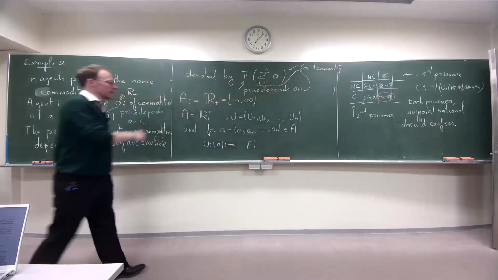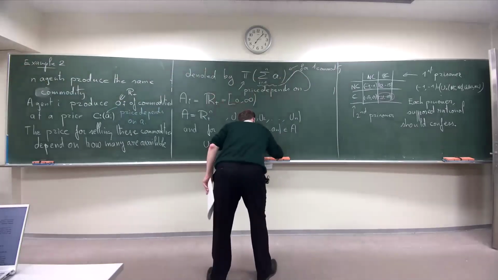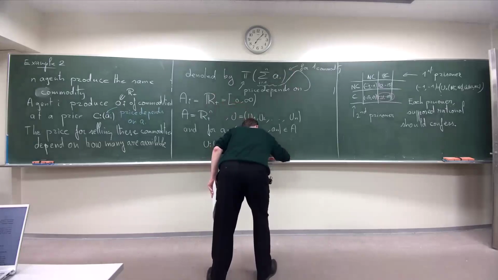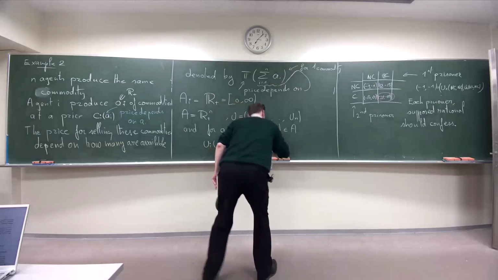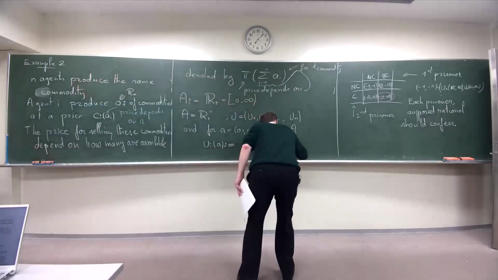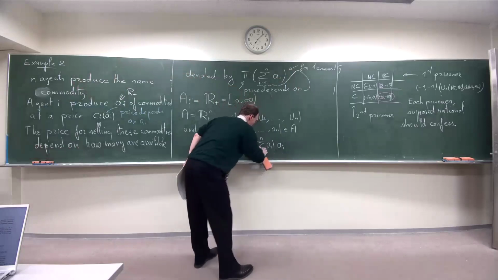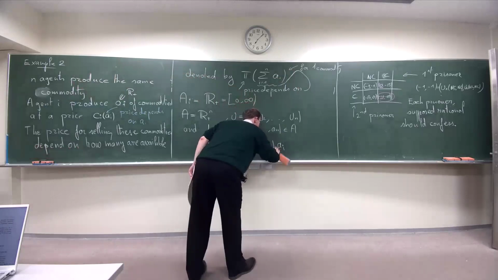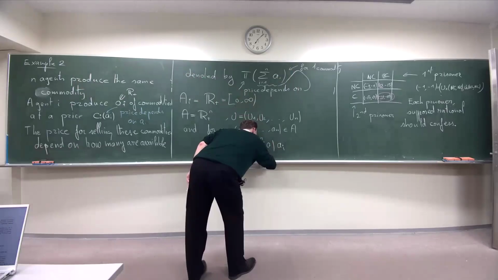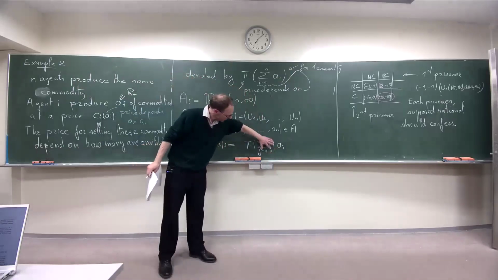So the money that the agent is going to get is this price per commodity times the number of commodities. Oh, I should use a different letter, otherwise somebody will complain. I use a different letter because, look, I do this sum.